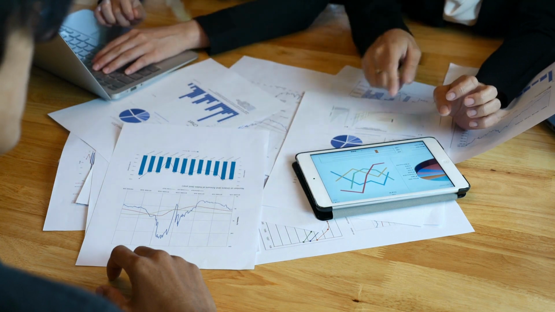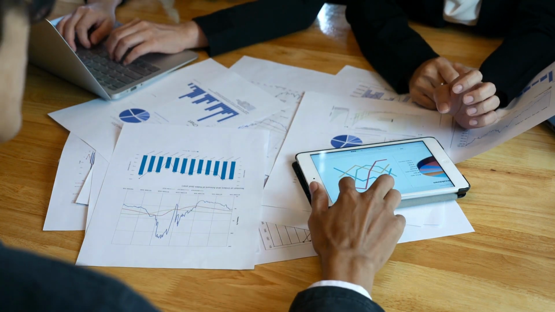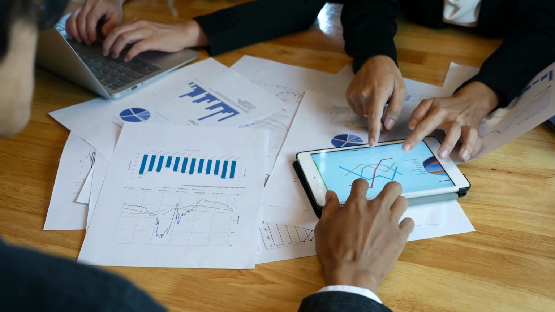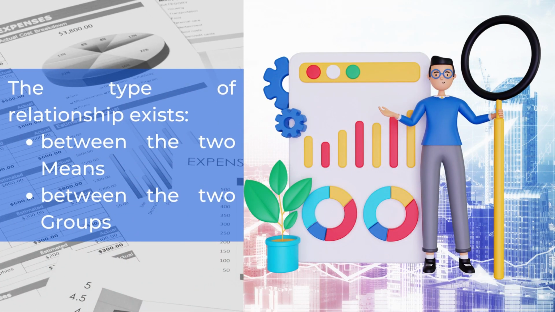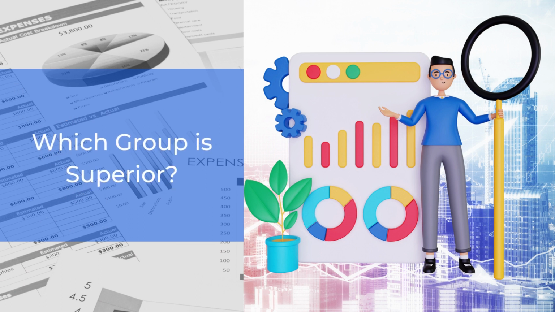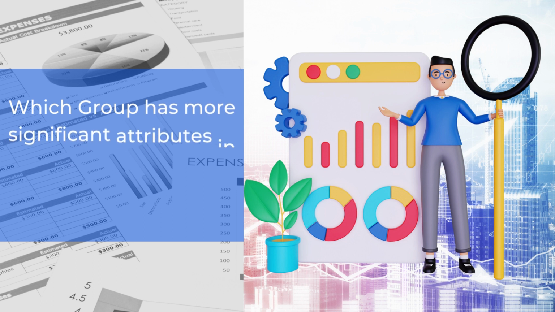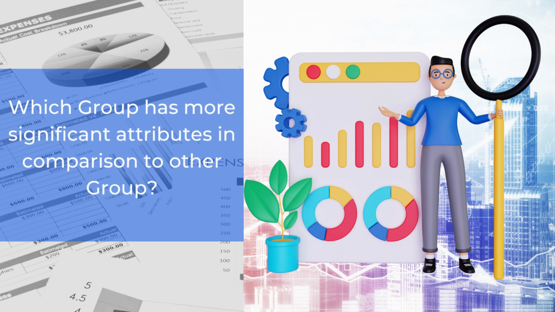It means that if we reject the null hypothesis, we are going to accept the alternative hypothesis, and the alternative hypothesis basically talks about the direction of the relationship, and it gives you the type of relationship that exists between the two means, between the two groups, and it can tell you which group is superior, which group is inferior, which group has more of the attribute in comparison to the other group, or the type of behavior attribute, or we can say the psychological characteristic we are trying to measure.